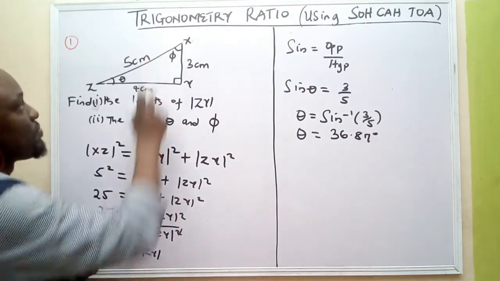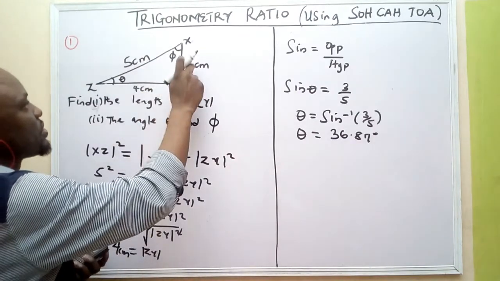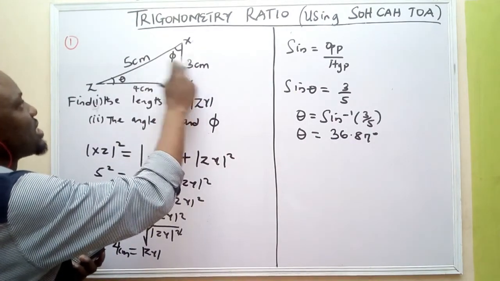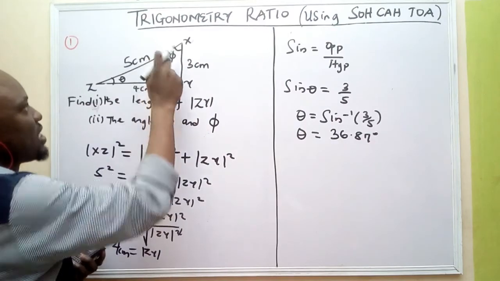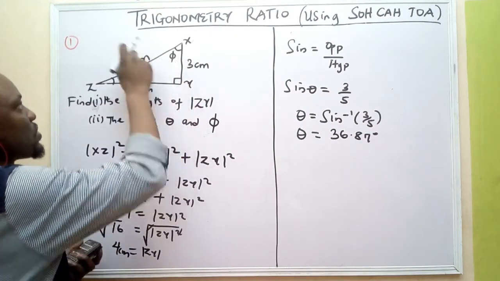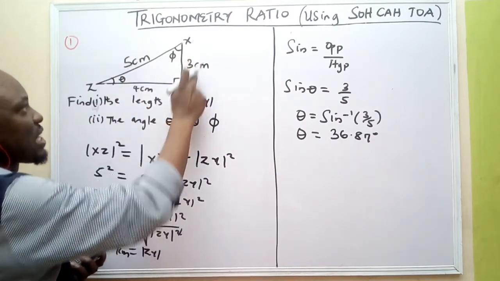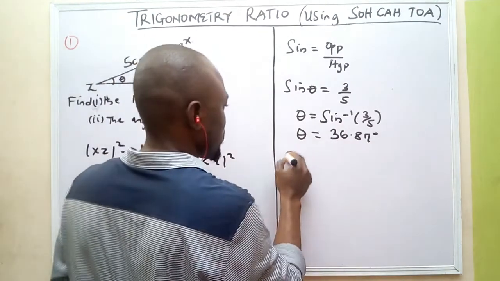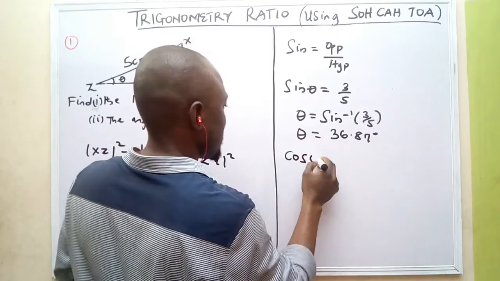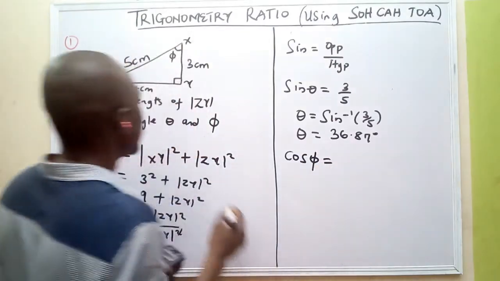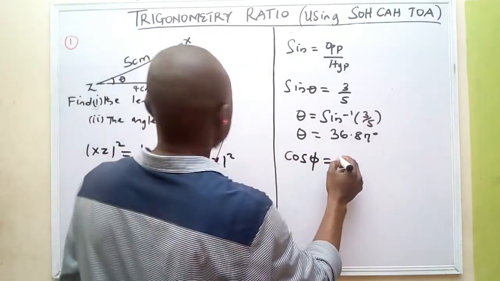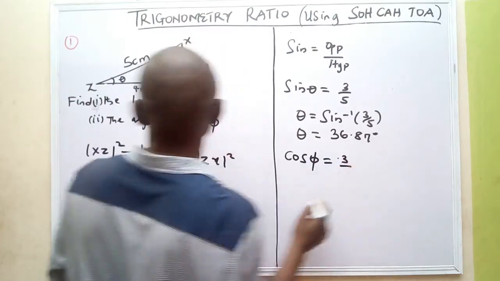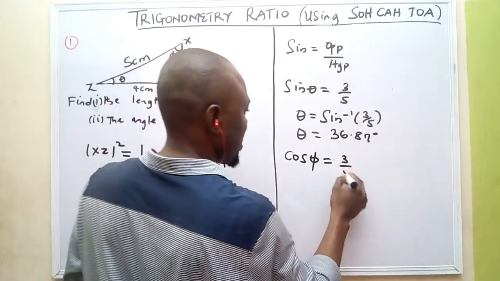So if I want to get phi, I can use the adjacent side. This is the opposite side, this is the hypotenuse, and this is the adjacent. So I can do adjacent over hypotenuse, which is cosine. So cos phi will be the adjacent side, 3, over the hypotenuse, 5.